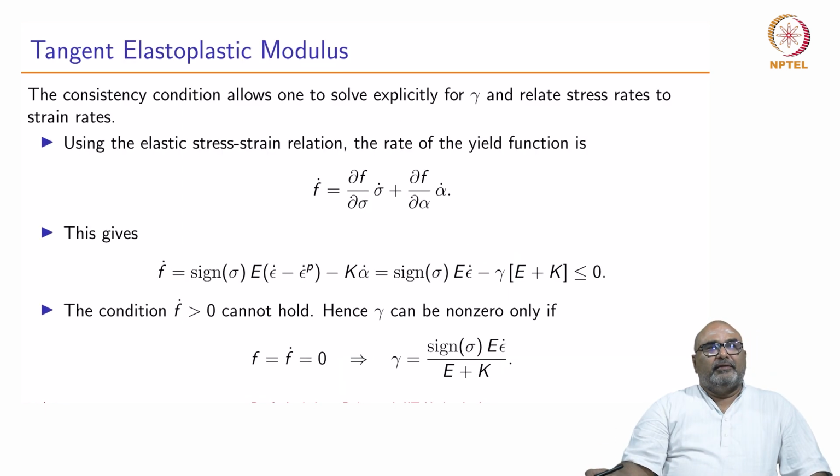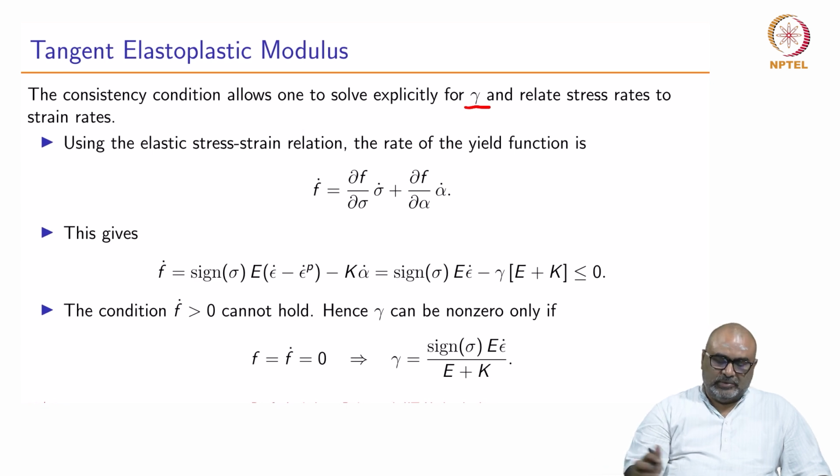Now, one can define the tangent elastic-plastic modulus during the isotropic hardening process. The persistency condition, that the plastic deformation happens always on the yield surface, allows us to define the plastic multiplier, and using this plastic multiplier we can find the value of the tangent modulus.